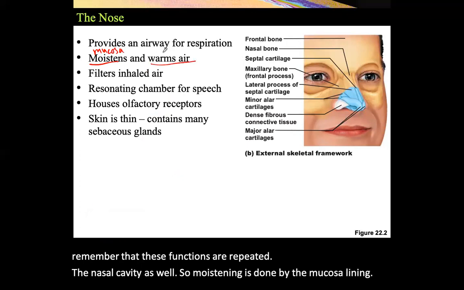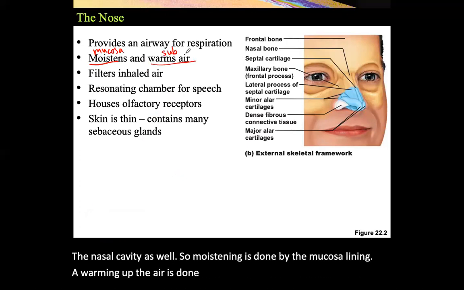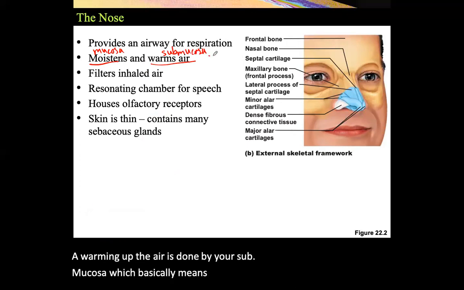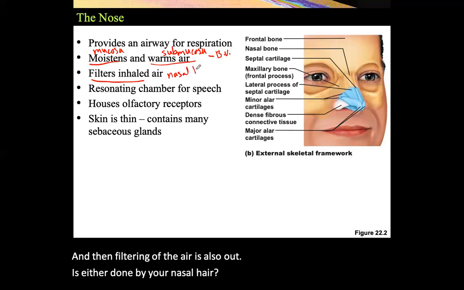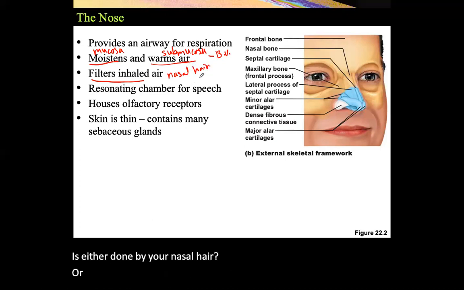Warming up the air is done by your submucosa, which basically means it's underneath it, and this is rich in blood vessels. And then filtering of the air is either done by your nasal hair or by the tiny hair-like extensions inside the nasal cavity called cilia.